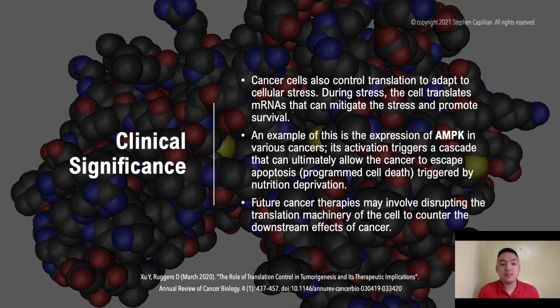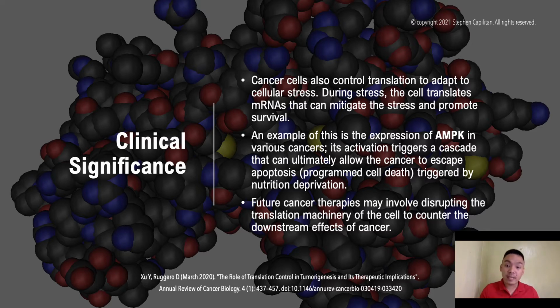Also, one of the clinical significances of studying translation is that cancer cells control translation to adapt to cellular stress. They manipulate cellular stress through editing some part of the translation process, because during stress, your cell translates mRNA that can mitigate the stress and promote survival.